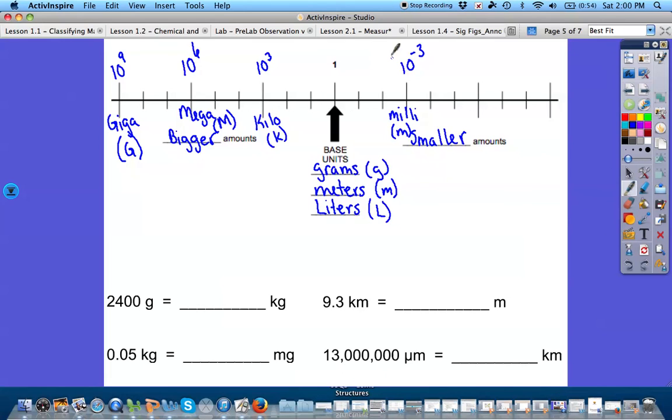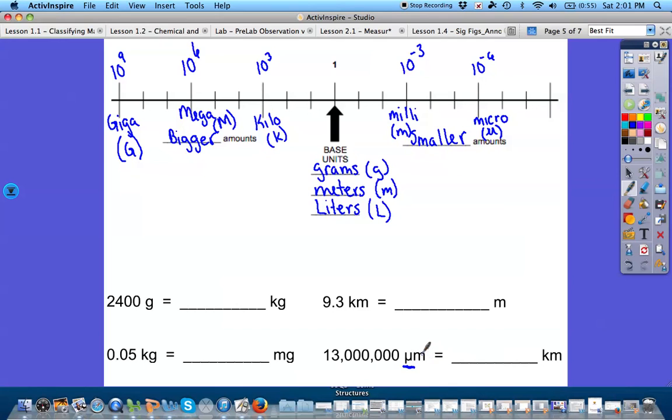And then 10 to the negative sixth is micro. The symbol for this is some people say it's a funky looking M, other people say it's a funky looking U. It's a Greek letter, and this is what it looks like when the computer types it.